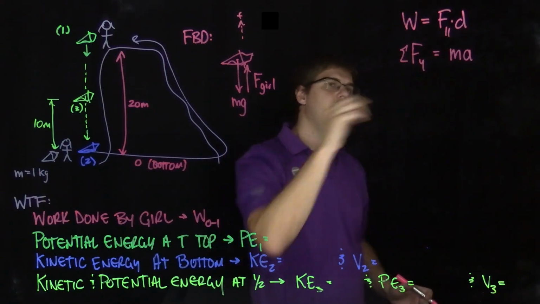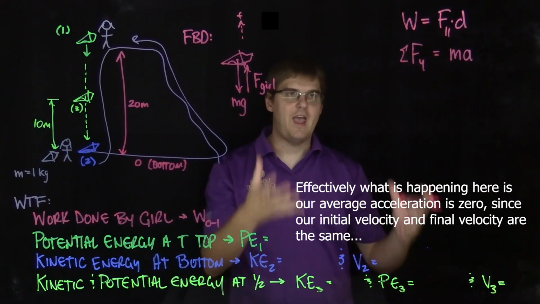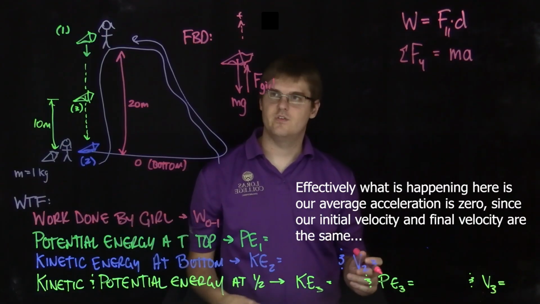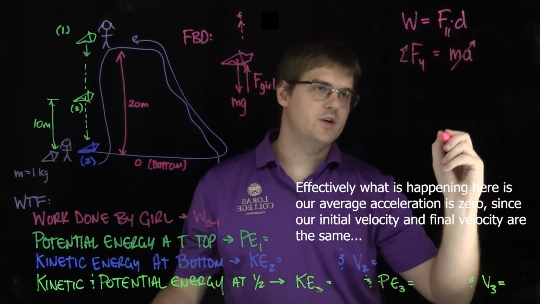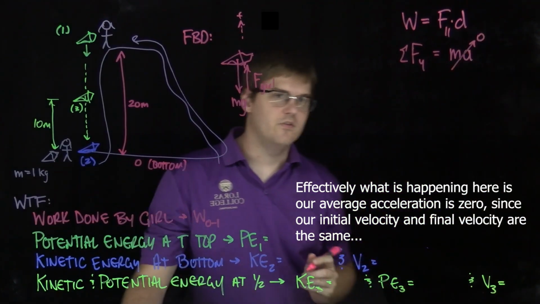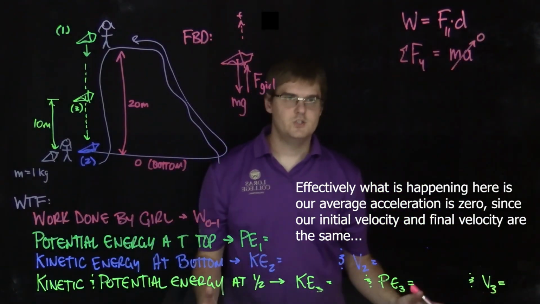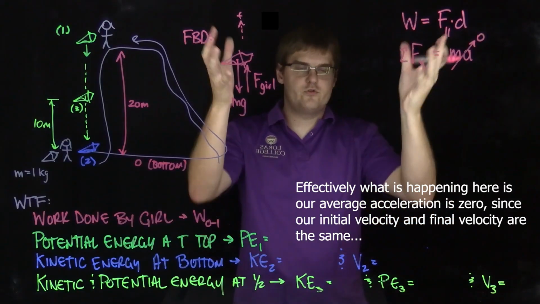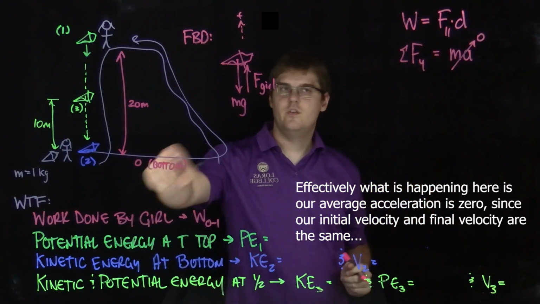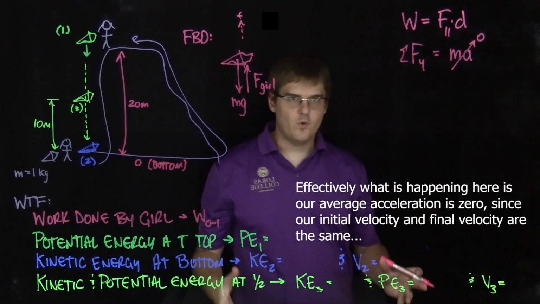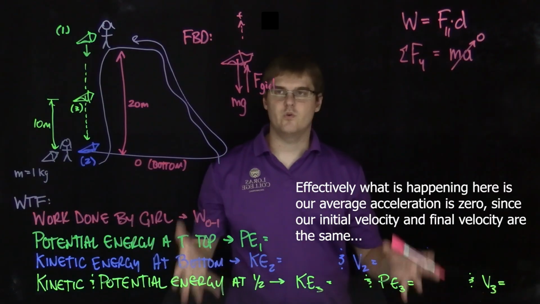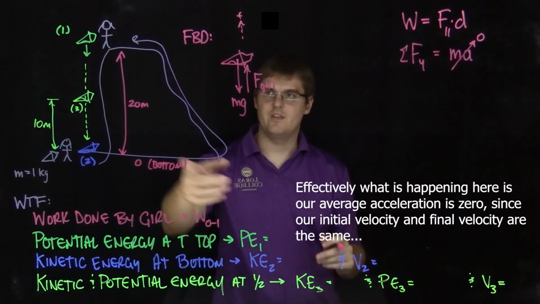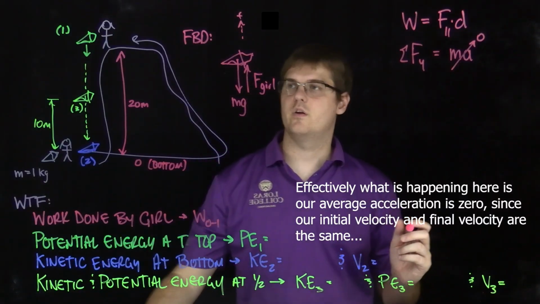This is saying that we are using the average force and the average distance, and that is 0 acceleration. This is a constant velocity. We're assuming that she is moving it perfectly straight up the hill. Any acceleration over 0 is going to make it move up, so we can say that that's how this is going to work.